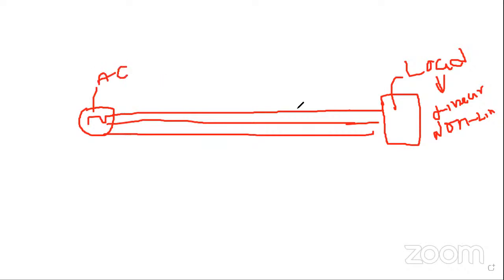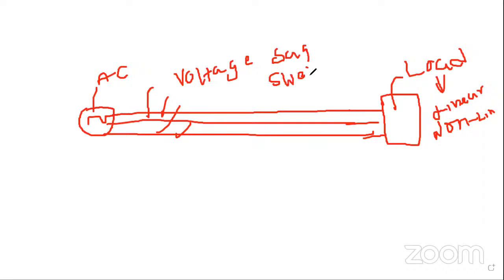If you need quality power in this power system network, while you are transmitting through conductor transmission lines, problems will occur, whether voltage sag, swell, harmonics, voltage striking or voltage restriking.